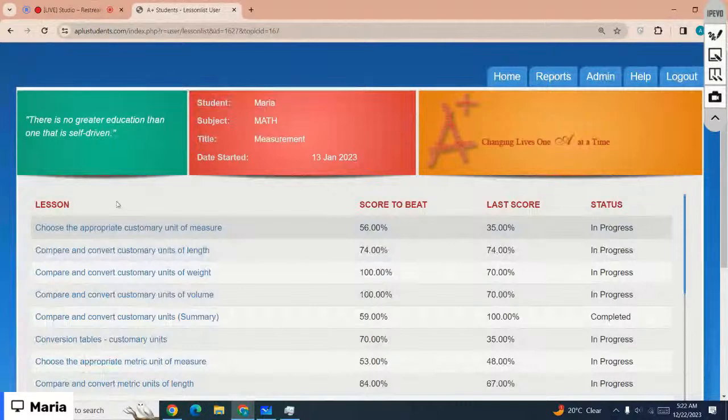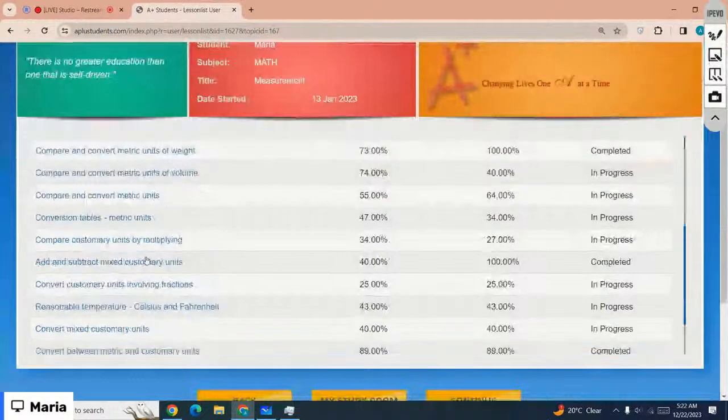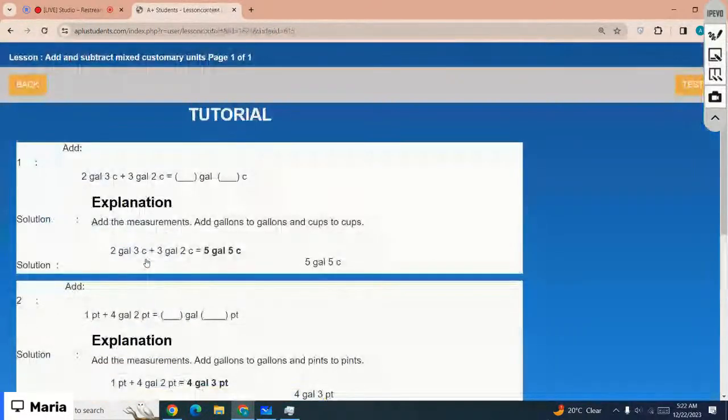Okay, the next one is add and subtract mixed customary units, right? So when we're working on adding mixed customary units, you always add the same units, right? The example is 2 gallons and 3 cups plus 3 gallons and 2 cups, right?